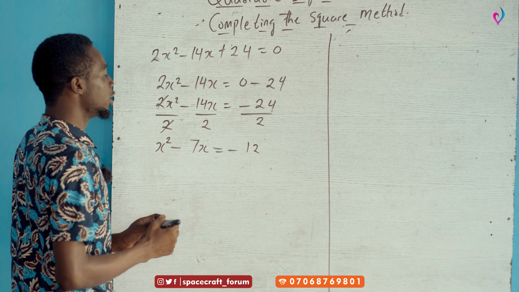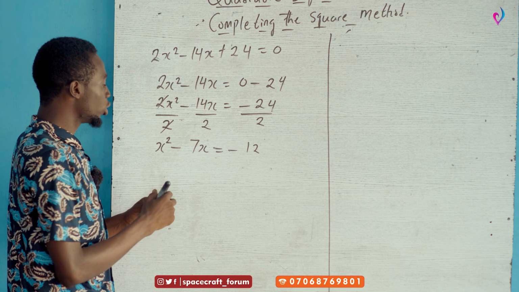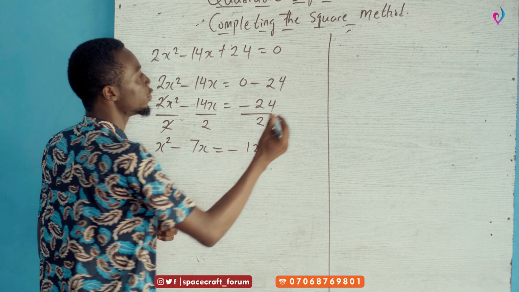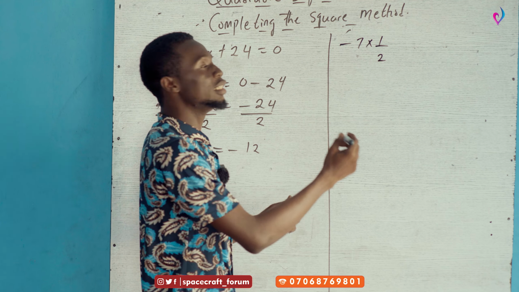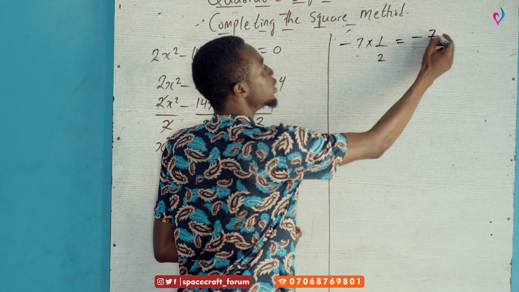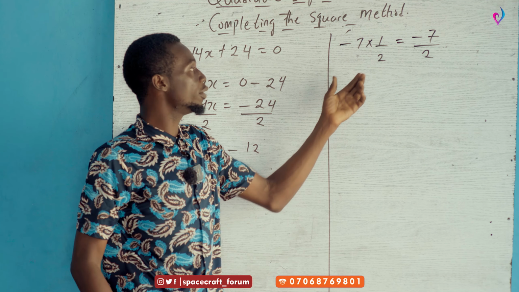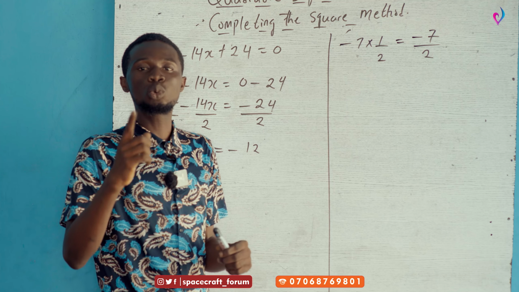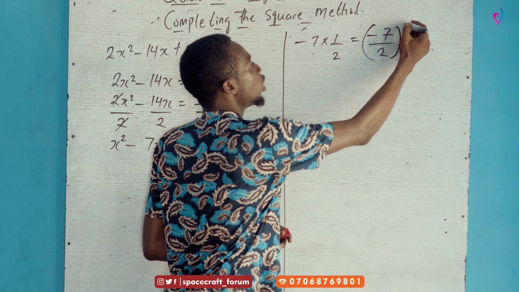The next step is to multiply half by the coefficient of x. We are going to multiply half by minus 7. Minus 7 times half, minus 7 times 1, is minus 7 divided by 2. After you multiply half by the coefficient of x, the next step is to square it, which is minus 7 divided by 2 all squared.